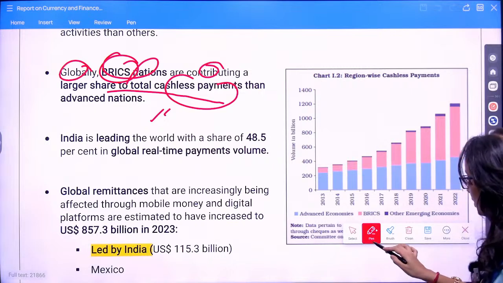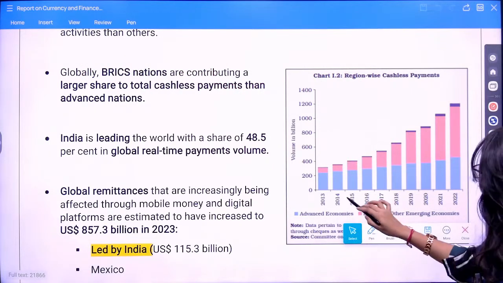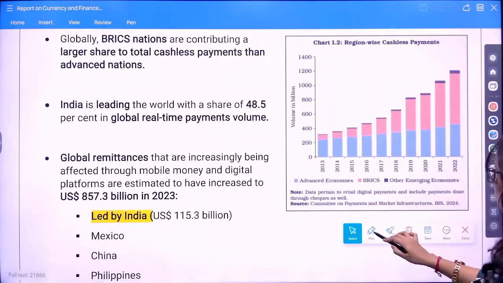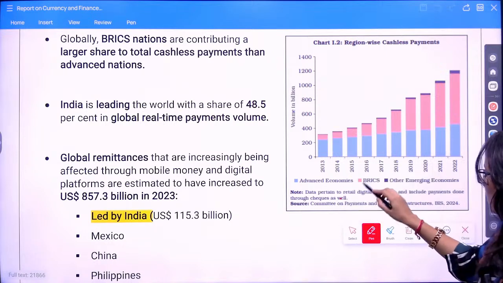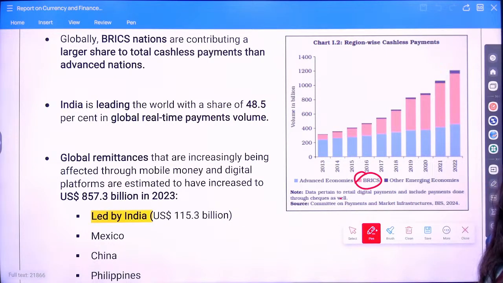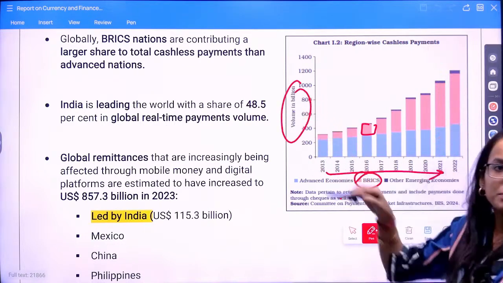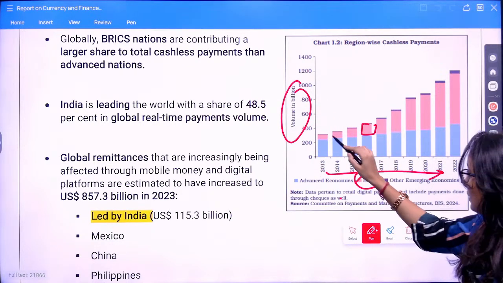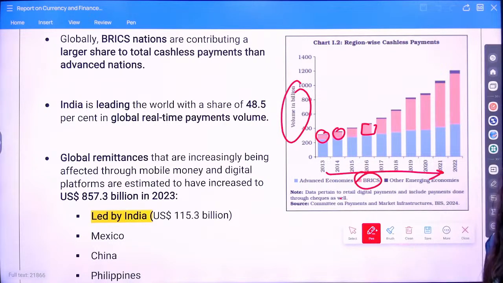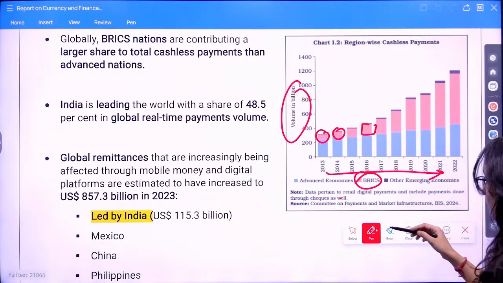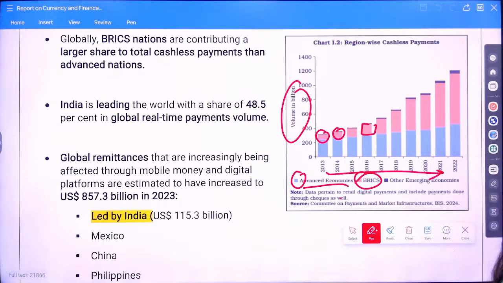Now there is a graph here. The peach color is for BRICS countries, in terms of volume in billions over a period of time. And this sky blue color is for the advanced economies.